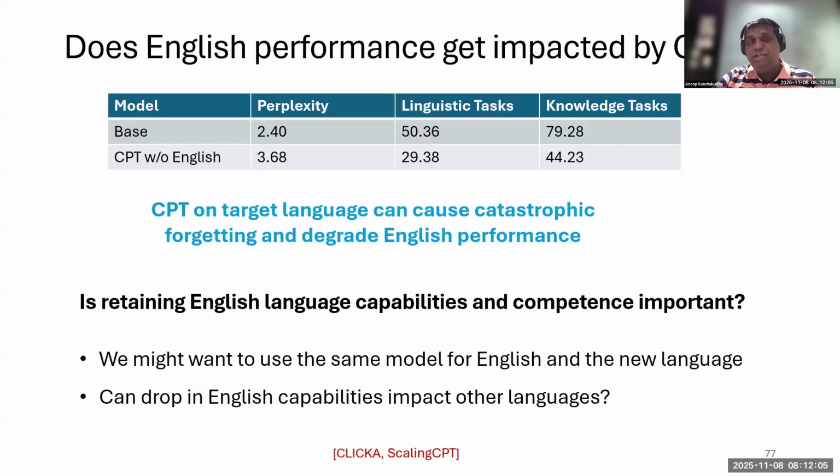The next question is, is it important to retain English capabilities and competence? Well, if you want the model to support English as well as the new language, then of course. But is retaining English performance also important to improving performance for the new language? That's an interesting question.